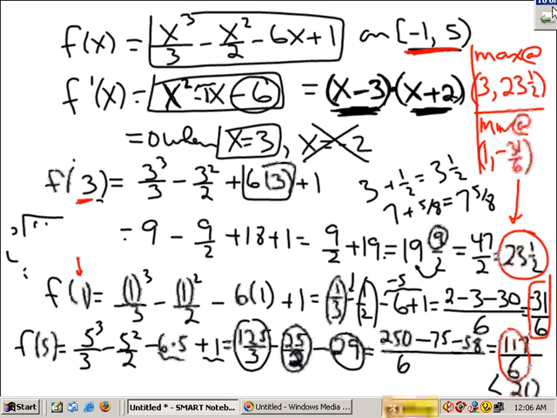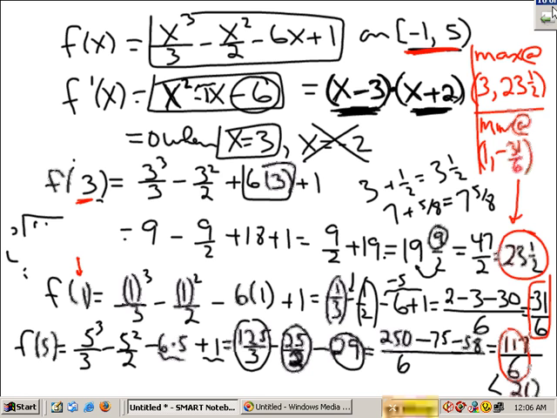That's how you find extrema on intervals. You find where the first derivative is 0 and only keep those x values that are in your interval. Find x values where the derivative is undefined. Only keep the x values in your interval.